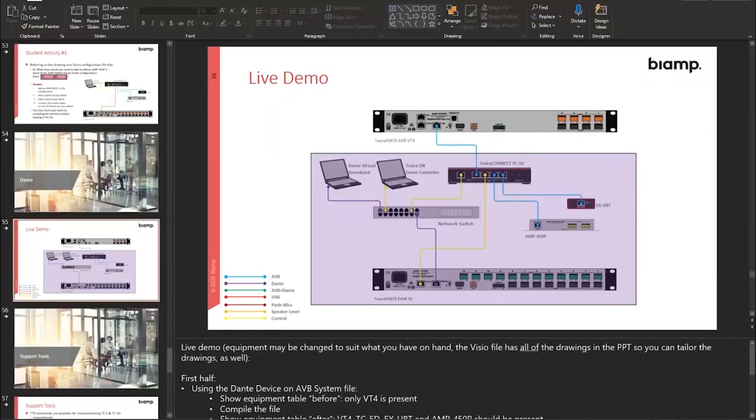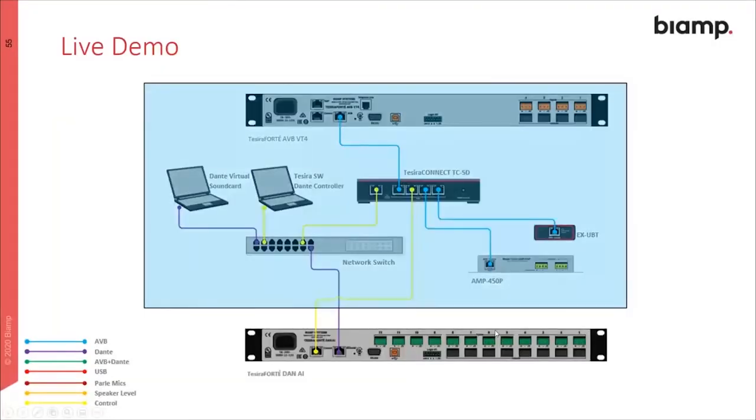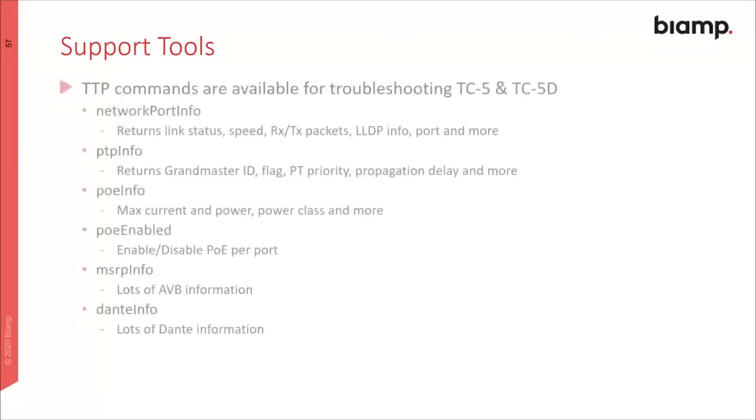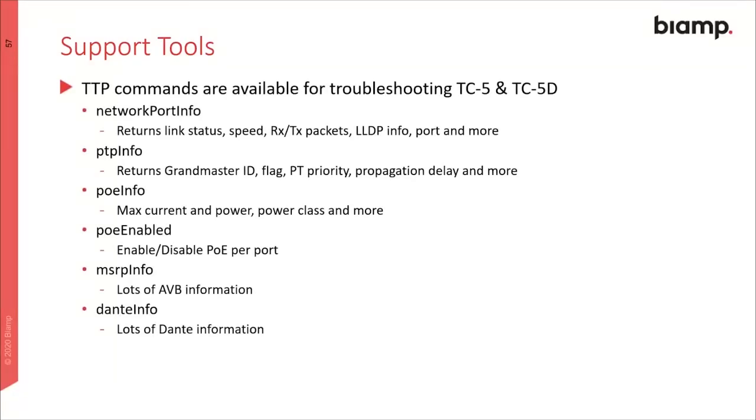All right, now let's talk about the support tools that we have on the TC5D. We have some TTP commands that you can use to troubleshoot the TC5 and TC5D.